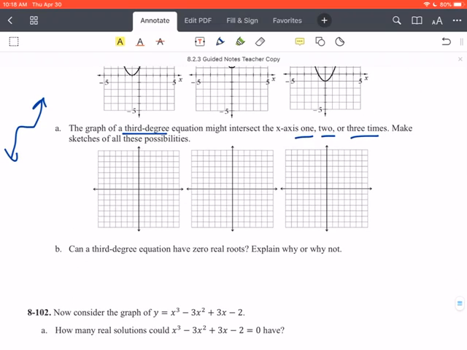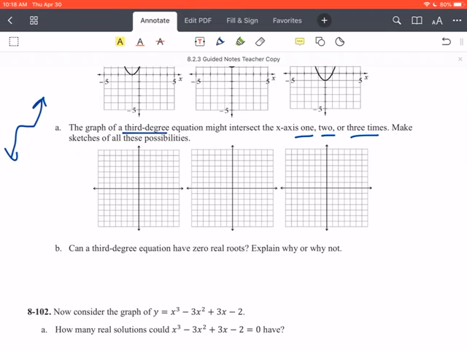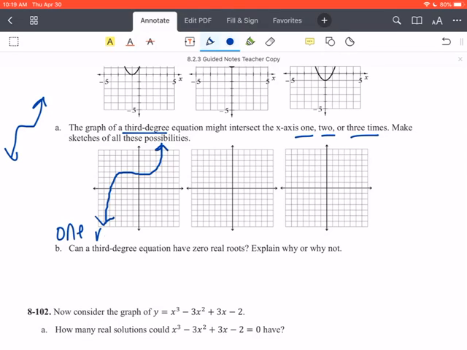Okay, so first let's focus on 1 time. So if I draw a cubic graph that only crosses the x-axis once, I'm going to keep my normal end behavior, but think, okay, I cannot droop down and cross after I've crossed it 1 time to begin with. So this has 1 real root.